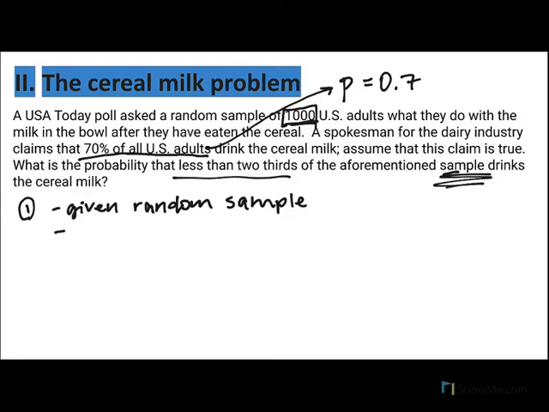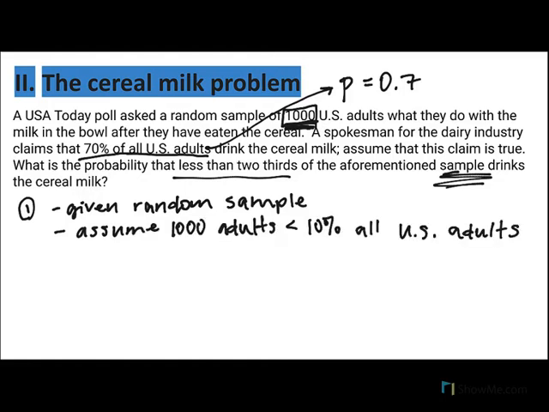So what we would say here is that we assume, or it's safe to assume, that those 1,000 adults in our sample is less than 10% of our entire population, meaning our population is big enough that when we pick this 1,000 adults sample, that probability of picking someone who drinks the cereal milk isn't changing very much within that sample. So I'm going to say assume that 1,000 is less than 10% of all US adults.